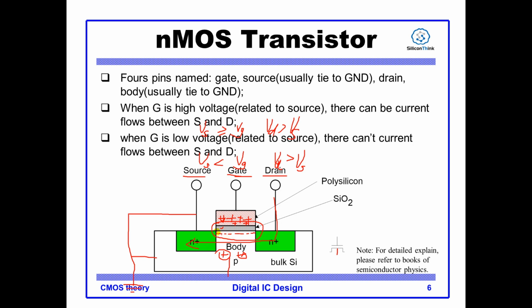So at this point, you can't treat this point as diode. They are capacitor. And if the voltage on the gate is lower than source, there is no positive charge here, and there is also no negative electron here. So the source and drain are cut off. They are not connected by negative electrons.